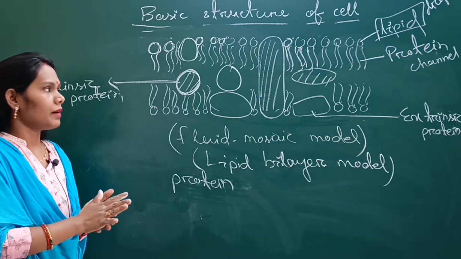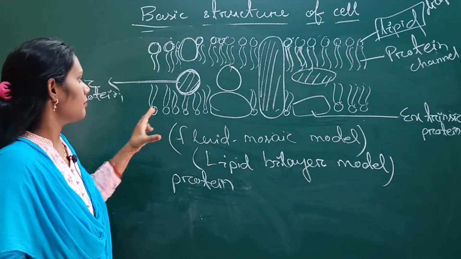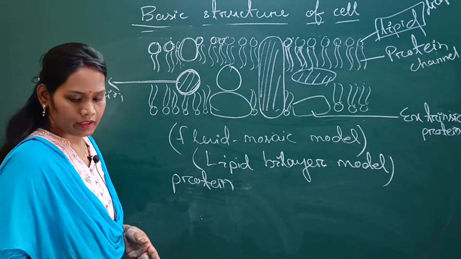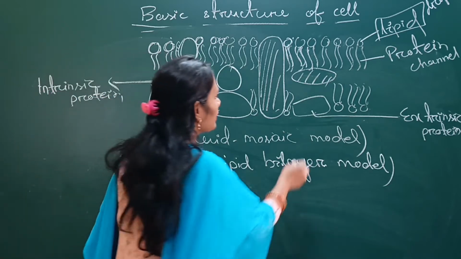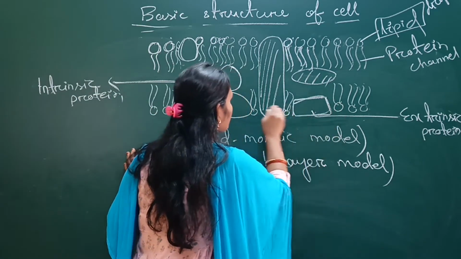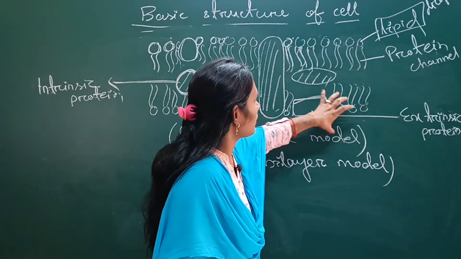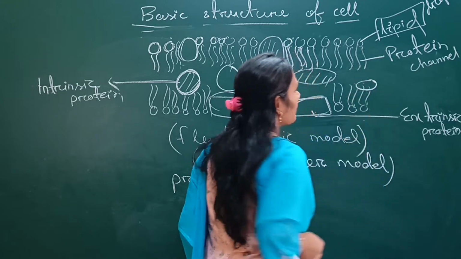So the protein which is permanently embedded within this lipid bilayer model is called intrinsic protein. And you can see other proteins which are present at the edges of the model, on the outer surface and the inner surface of the model.